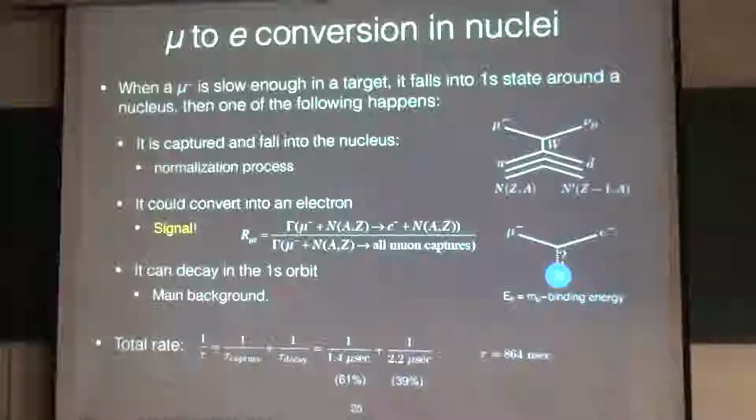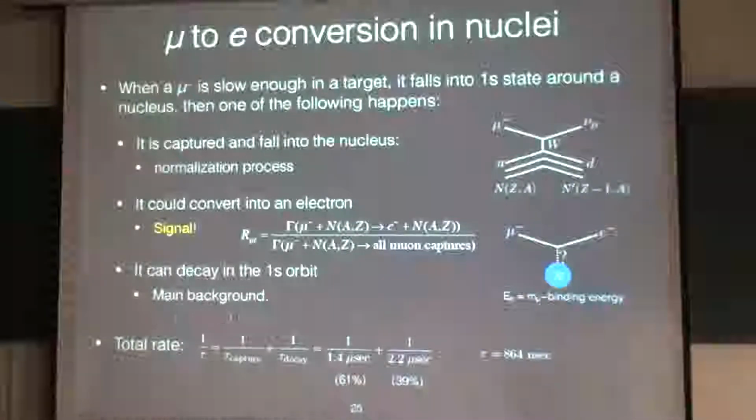And we want to see the signal, which is like that. If something happens between the muon and the nucleus, an electron comes out, and the energy of the electron will be the muon mass minus the binding energy of the orbit. And also, it can decay. It can just decay while it is in the 1S orbit, and this is our main diagram.